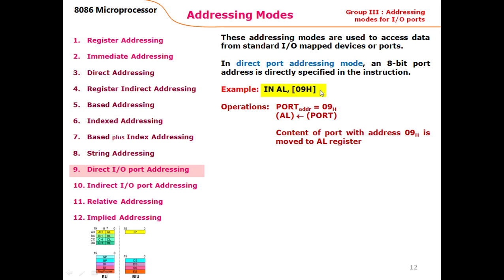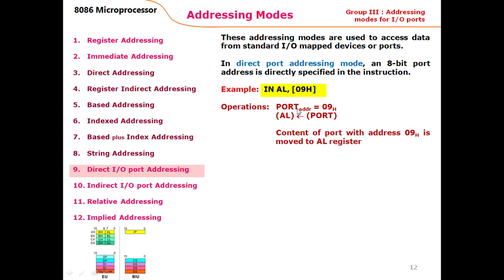It is part of the instruction. For example, this is the instruction IN AL, 09H. So this instruction will read input data from the input port addressed by this port number, and will copy the 8-bit data from this port to the AL register.